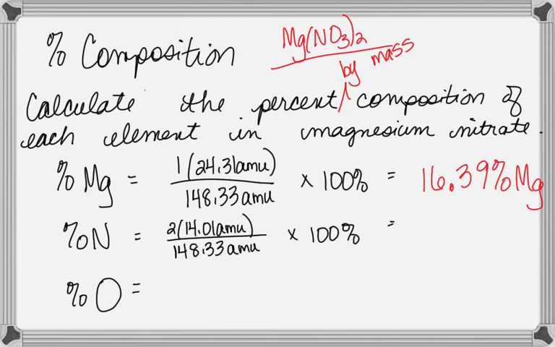What you got? 18.89. That's what I got. 18.89% for the nitrogen. Okay. And y'all are working on the oxygen.